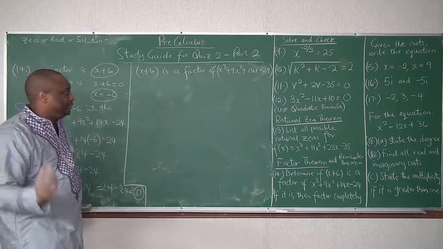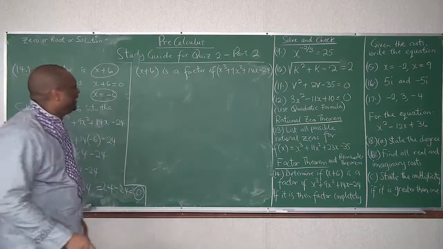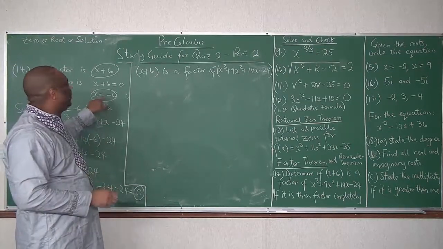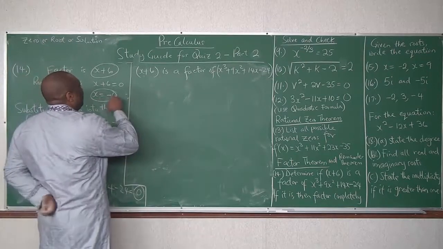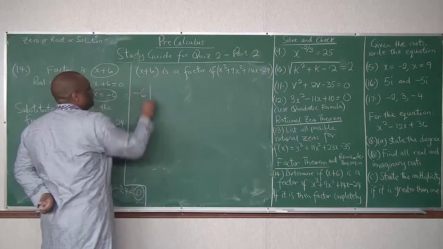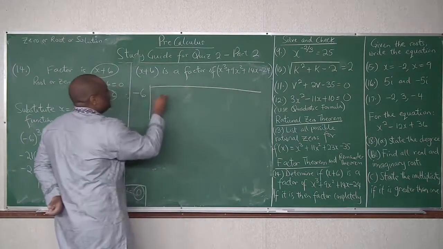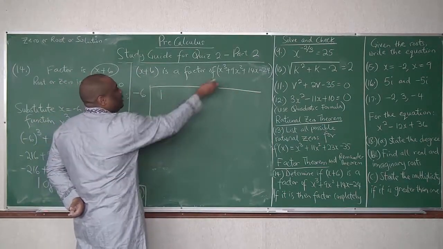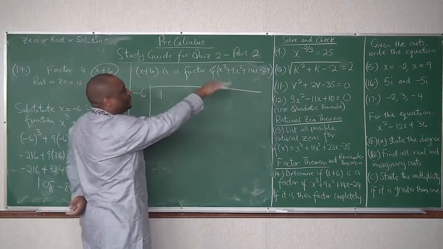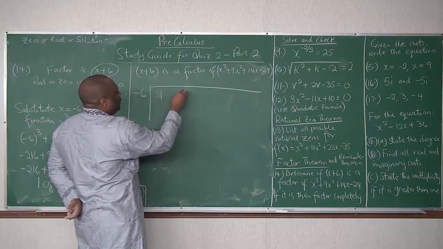I'll show you what I mean. If you are using the 0, -6, you set up the synthetic division. This is 1, and you make sure it's complete.